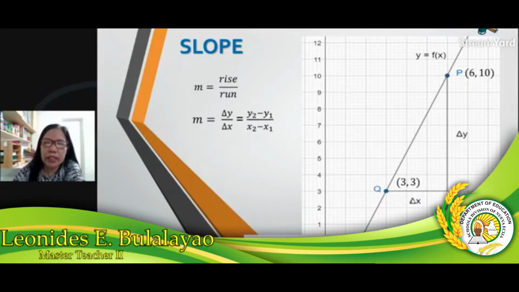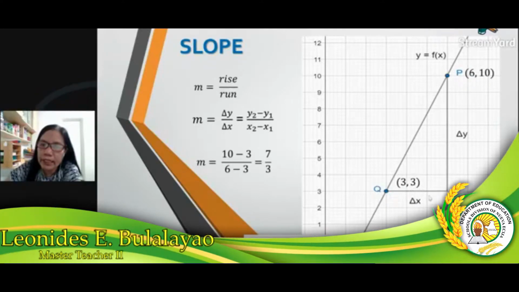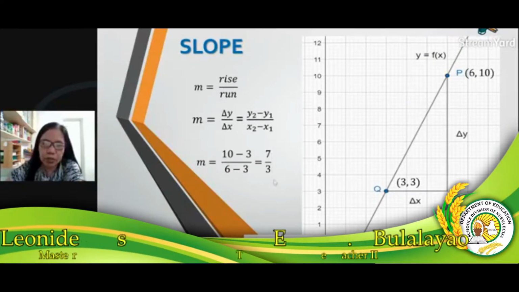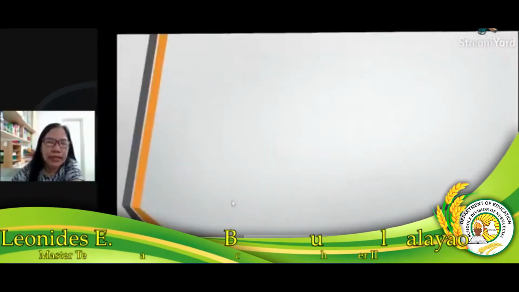Using the formula, we have 10 minus 3 over 6 minus 3. So the slope of this given line is 7 over 3. Given any 2 points on the line, we can determine the slope.